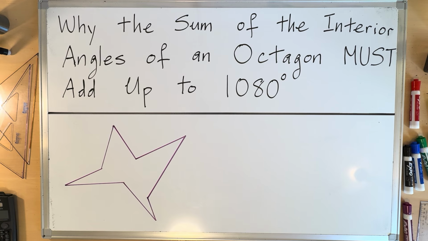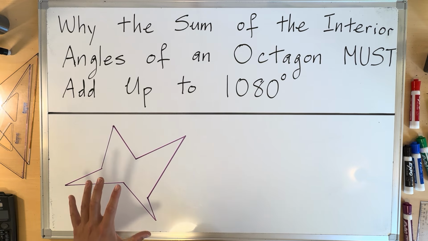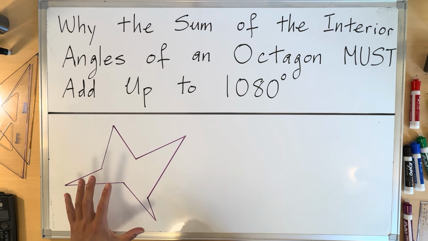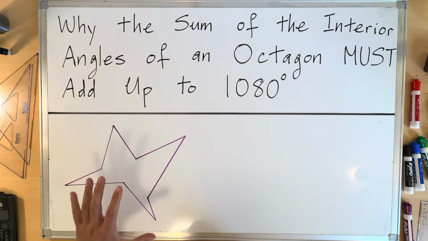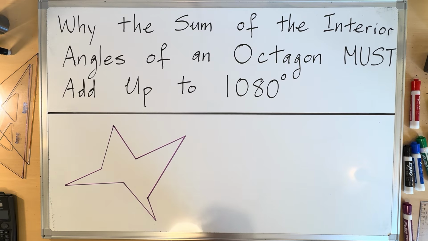Now, with respect to this concave, irregular octagon right here, what I'm going to be doing is drawing lines inside of it and showing you guys that it can be divided into 6 internal triangles.